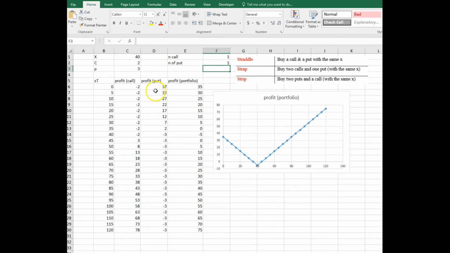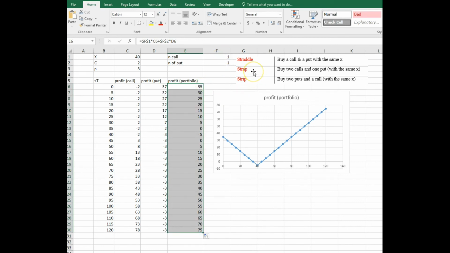Okay, so this is our portfolio. So this is how many calls, we hit F4, times call profit plus the number of the put times corresponding put. We will not see any changes because this is 1 and 1.